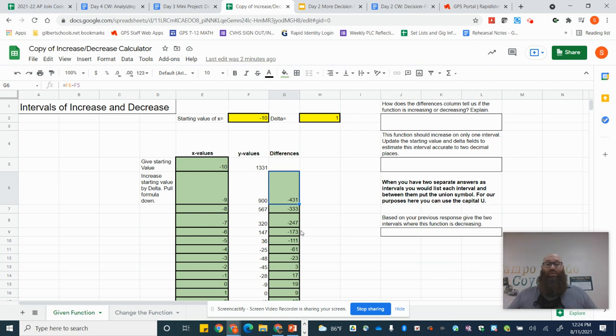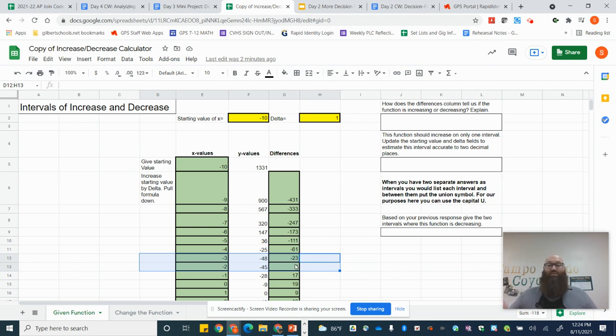At that point, we picked up with trying to find interesting locations. In particular, when I look at the differences column here, I'm going to highlight across this band. Notice when we have a difference of negative 23, that meant that the function was decreasing. Here we had a difference that is positive 3.